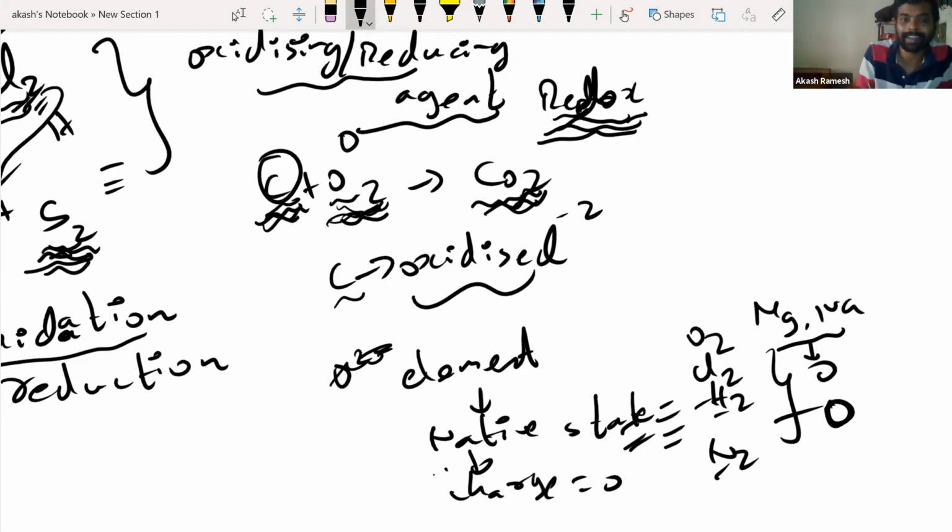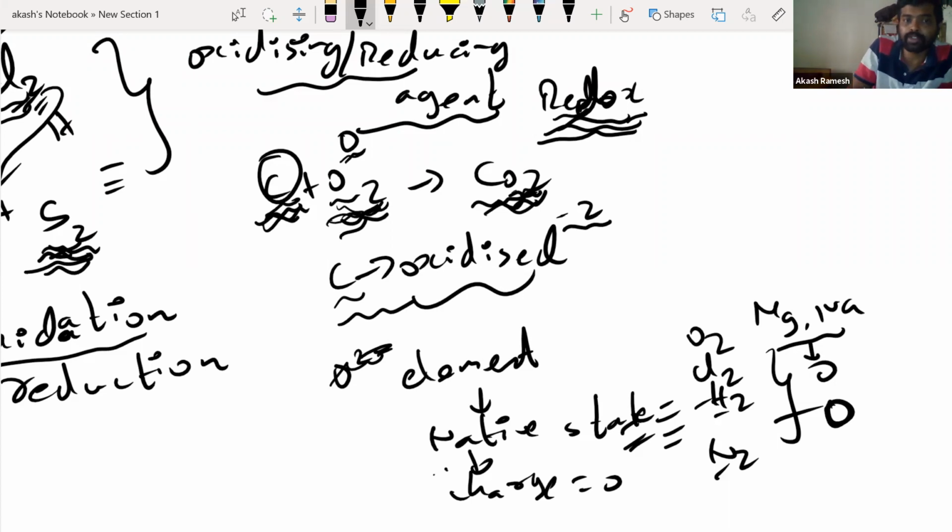So here we have already established that carbon is getting oxidized because to carbon I add oxygen, no doubt. Now you see here, guys, what is happening to oxygen? The charge of oxygen was 0 here because it is in its native state. If you look at this side, oxygen is going to have a charge of -2.